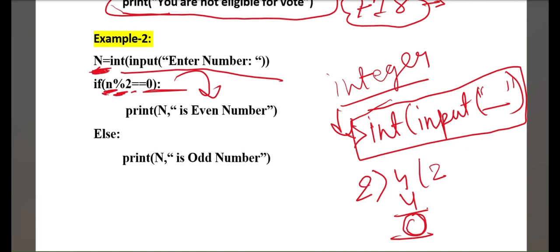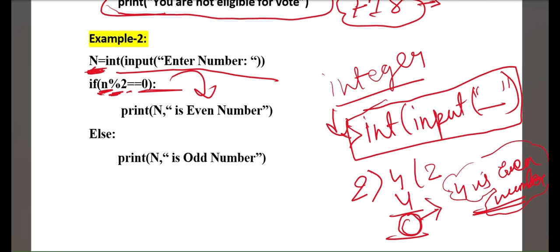So what output will come here? Here the output will come like 4 is even number. Why does the output come as 4 is even number? Because see over here, when the user is printing, he has written n, which is the input which the compiler is taking from the user.